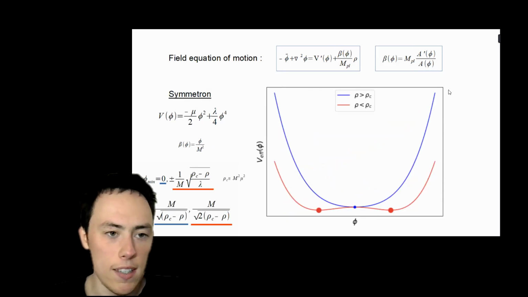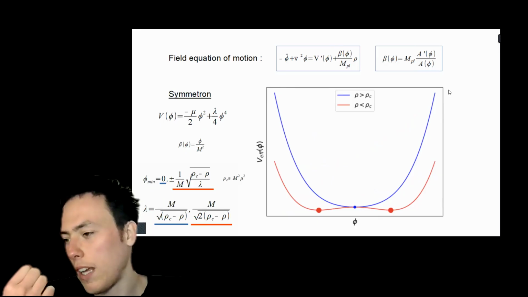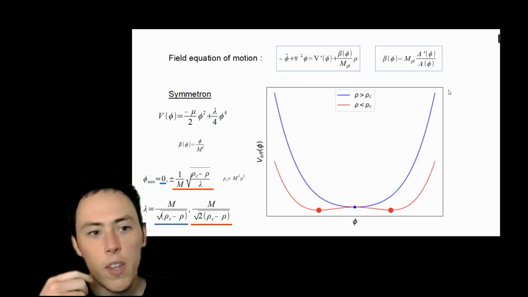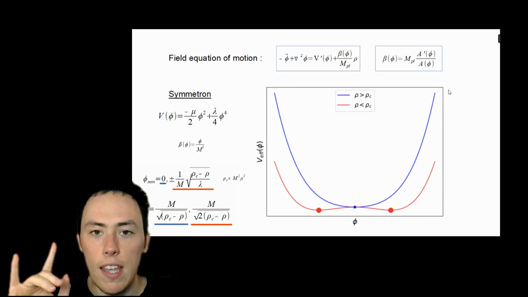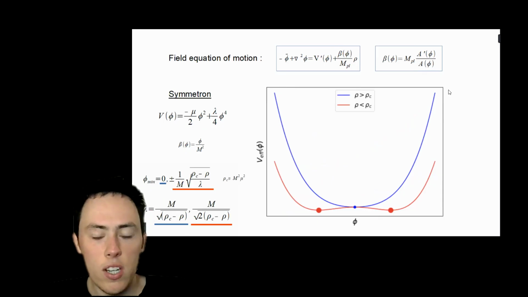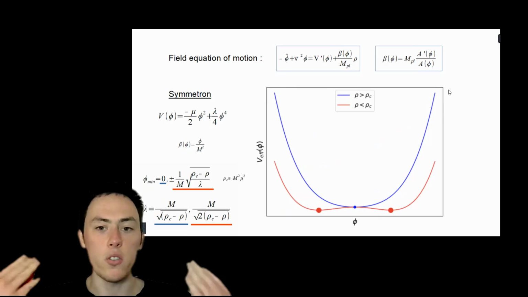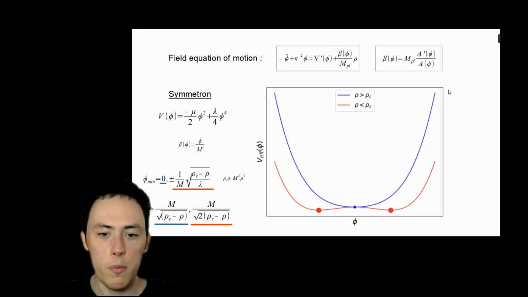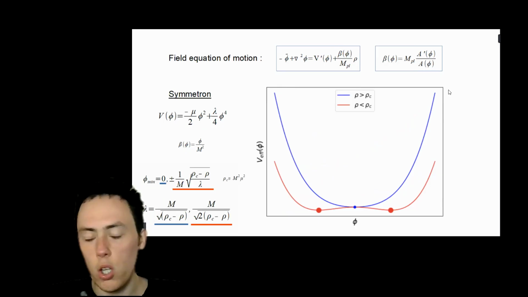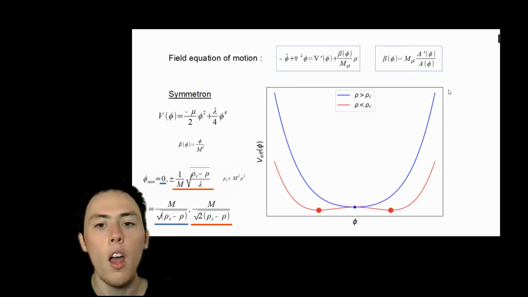Another example is the symmetron. So the symmetron has a screening mechanism that works differently. It undergoes a phase transition at some critical density rho c. For densities greater than rho c, it has one minimum at phi equals 0, and so you would not observe any fifth forces because everywhere phi is a constant.